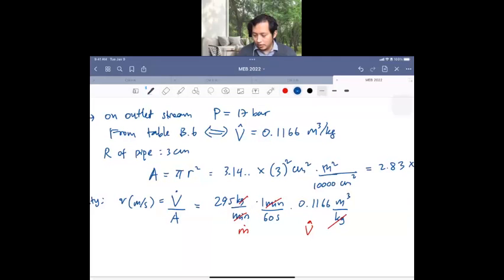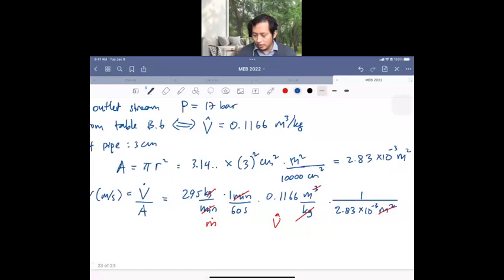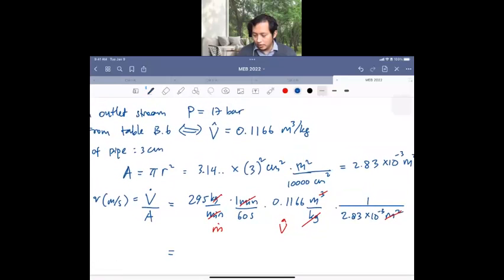Okay. And then divide by the area. The area is 2.83, and we can have meter per second. So we can compute all of it. Then this will be equal to around 202 meter per second. And this is just a velocity.